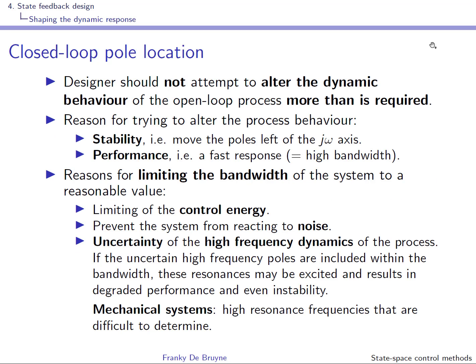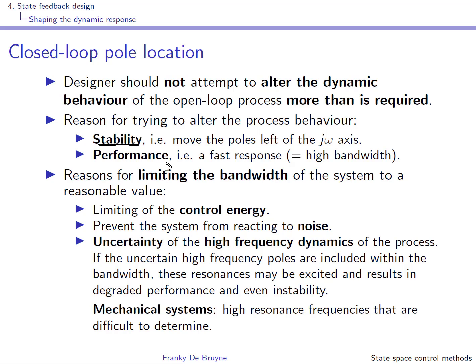So in conclusion, the designer should not attempt to alter the open loop dynamic behavior more than is really required. Remember that the reason for altering the open loop process behavior is, of course, first stability, right? The poles that are to the right have to be moved left of the j omega axis.